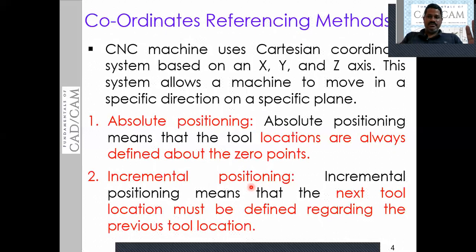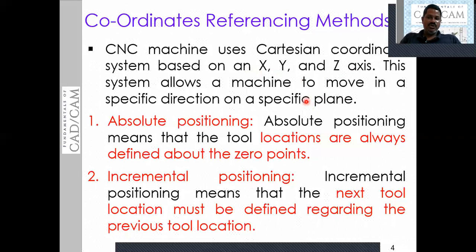In this slide we will discuss the coordinate referencing method. As I said just now, there are two approaches to reference the coordinate: one is absolute and the other one is incremental. Almost all NC machines use the Cartesian coordinate system, in which the X, Y, Z axes are taken as reference axes, and with respect to these axes only we are going to control the movements.